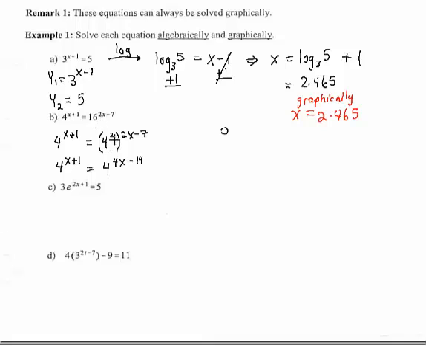So 16 is 4 squared, and 4 matches the base on the left. Then you combine that exponent with the one you were already given. So it's important with type 1 equations that the bases are equal. Once you get that taken care of, you simply take the exponents. Since exponential equations are 1 to 1, these two exponents must be equal.